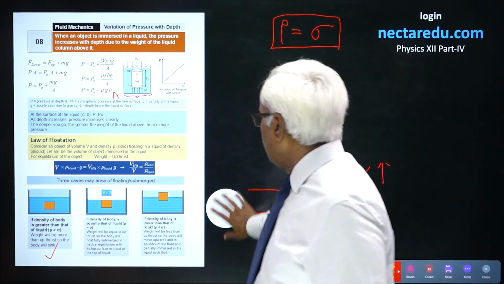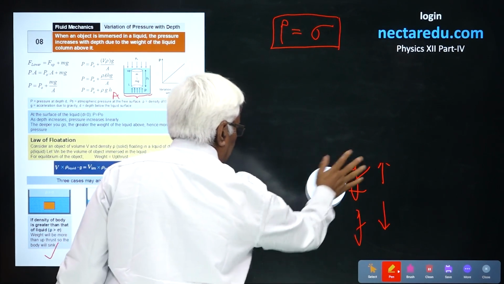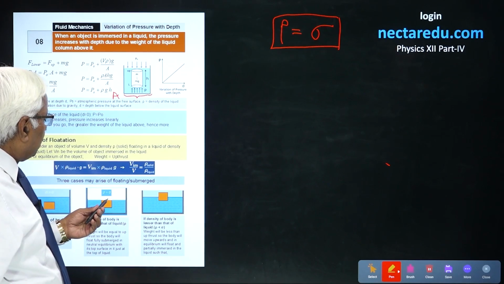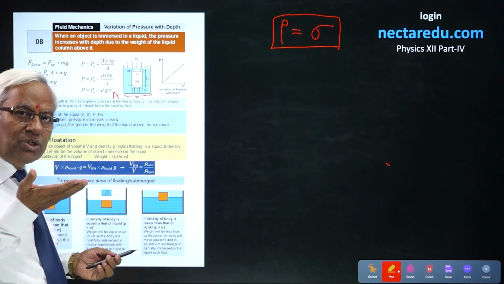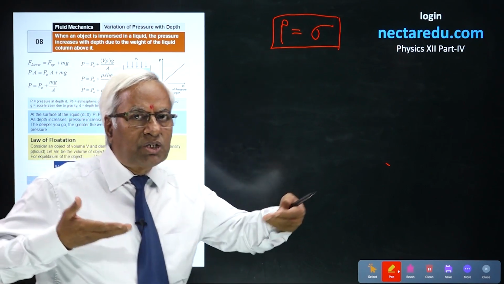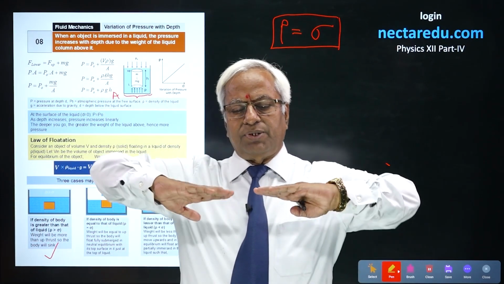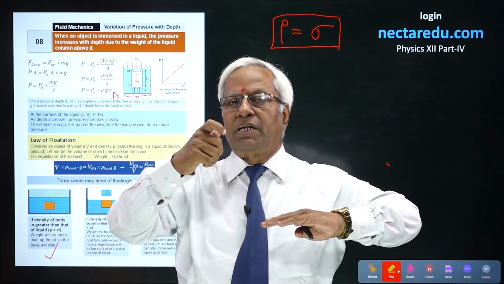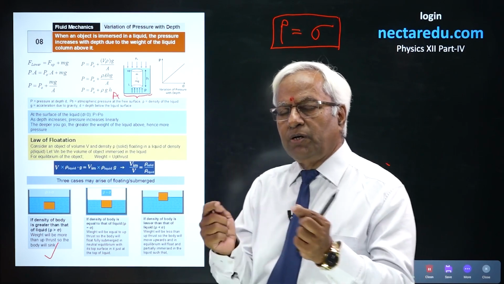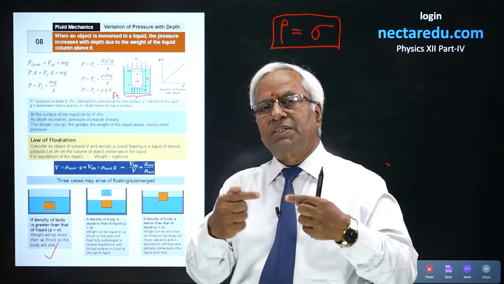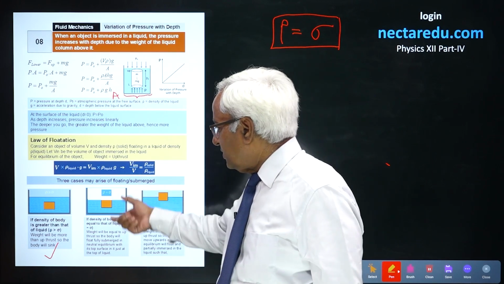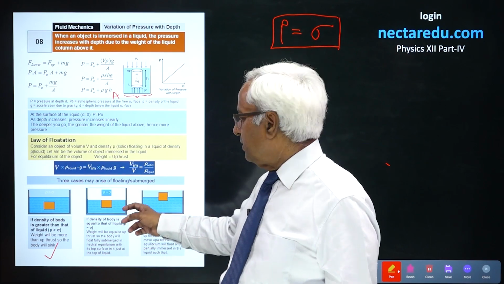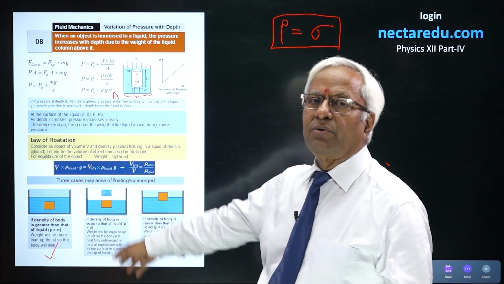In this case, you see the upper surface of the body immersed, as I have shown over here, and the liquid surface both will coincide. That means this is the upper surface of the liquid and this is the top of the body immersed. Both will tally, both will coincide, both will appear along the same line. This is the most interesting case of flotation, but this is possible only when both densities are equal.